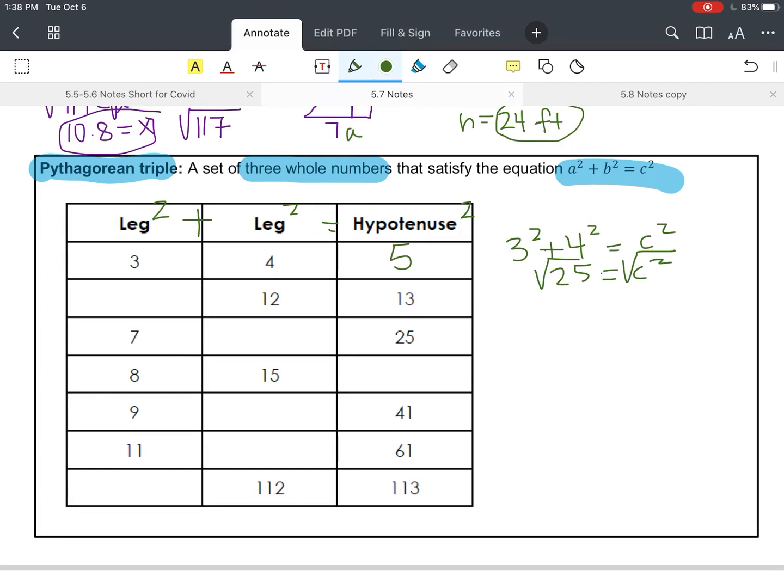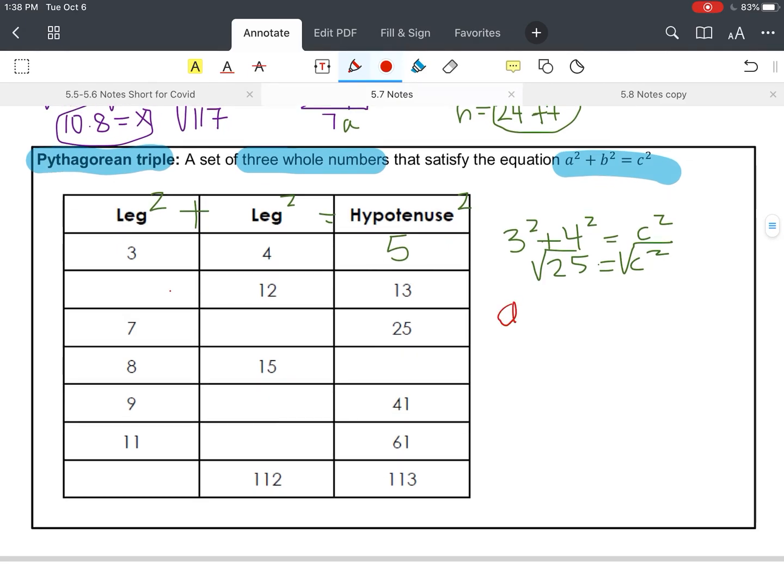We'll do one more together, and then you can pause the video and try to fill out the rest of the table, but I'll also fill it out for you. For the second one, I'm trying to find my leg, so I'll call that a. So it's going to be a squared plus 12 squared equals 13 squared. Again, I'm going to subtract 12 squared from both sides. I'm left with a squared equals 25, and I square root it.